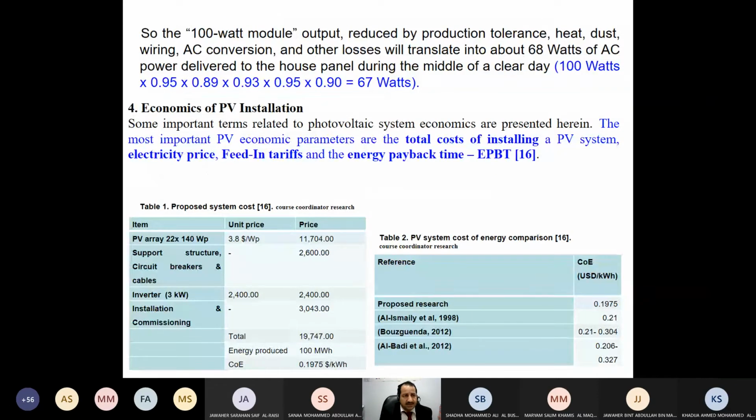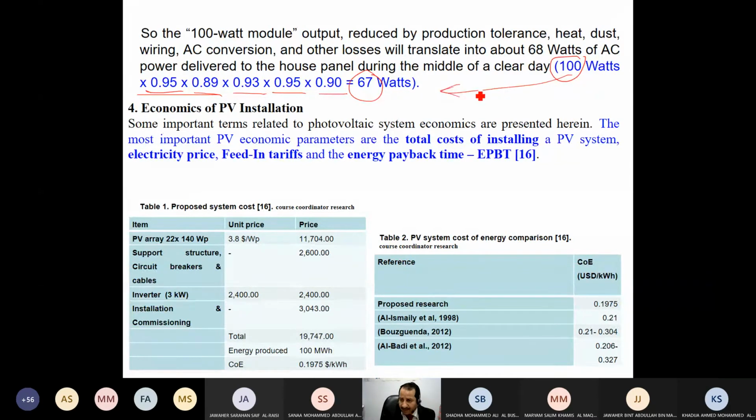Now let me summarize this discussion. I have a 100-watt PV module. I manufacture it inside the factory, but what I expect from it, I have losses. I multiply by 0.95, 0.89, 0.93, 0.95, 0.9. So in the best situation, I may get 67 out of 100.